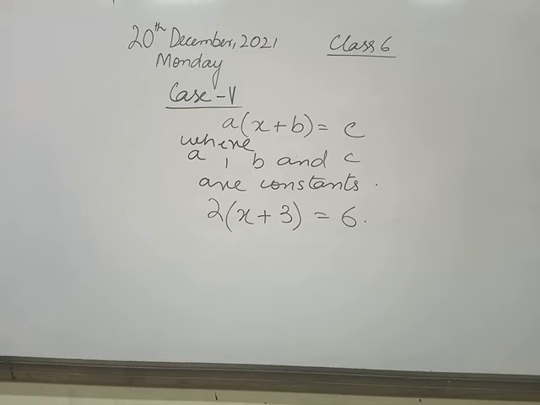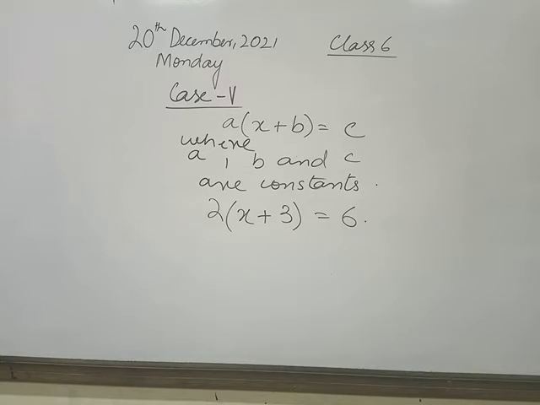As you look class, I have 2 in place of a. In place of b I have 3 and in place of c I have 6. So the general form of linear equation is a into x plus b equals to c, which is case number 5.